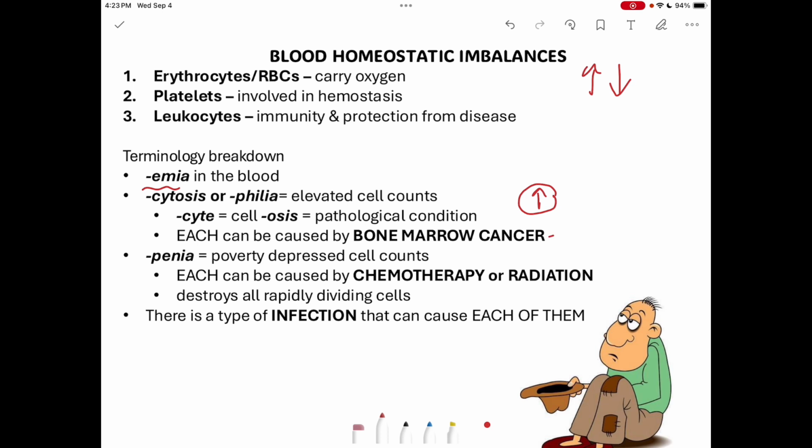I'm going to get very general because we're just learning here. Hematopoiesis, just in case you forgot that word, is the formation of blood cells, and it occurs in the bone marrow. If the bone marrow has cancer and is overproducing cells, you could see high cell counts. The other way would be if cell counts are low, and the term for that is penia, and penia means poverty.